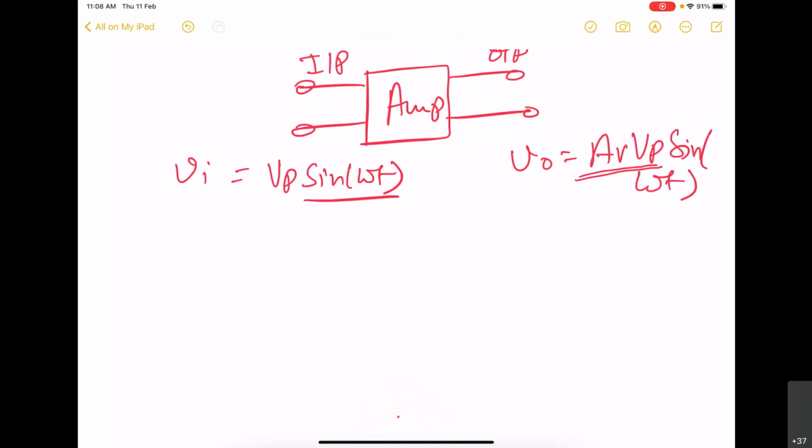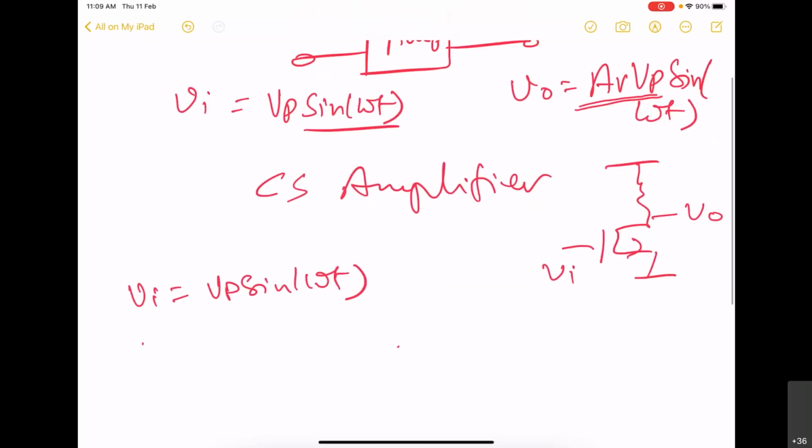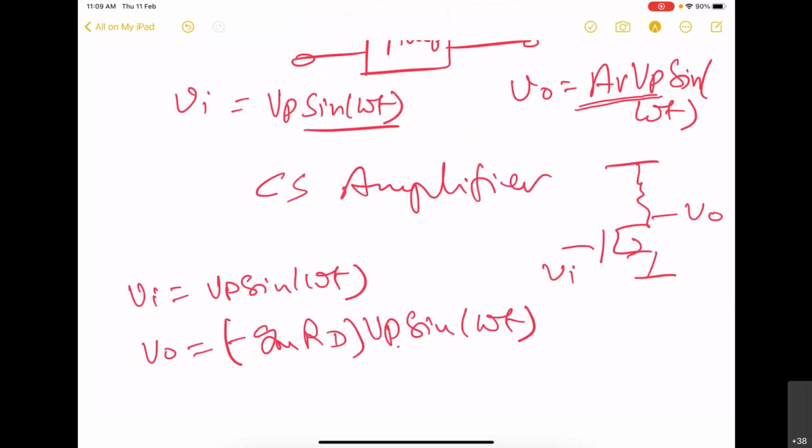Now, if you take the case of the CS amplifier, for example this one, then if we give Vi is equal to Vp sine omega t, what we are going to get is Vo equals minus Gm Rd into Vp sine omega t.